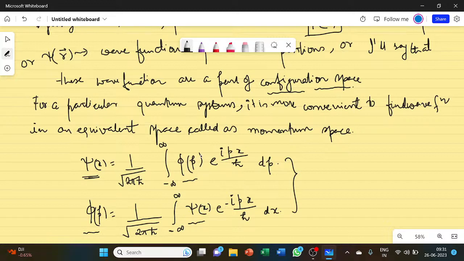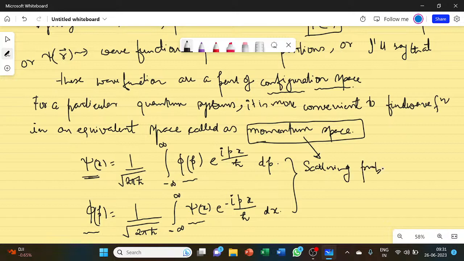Okay, so basically what happens is, you have a momentum profile. Whenever you study, let's say, scattering problems, at times in research you'll find that momentum profiles are given to you.